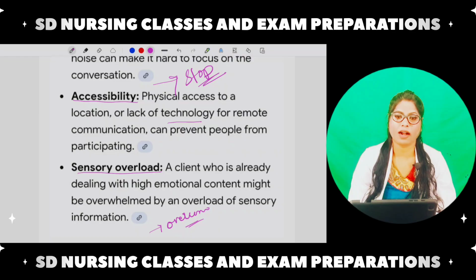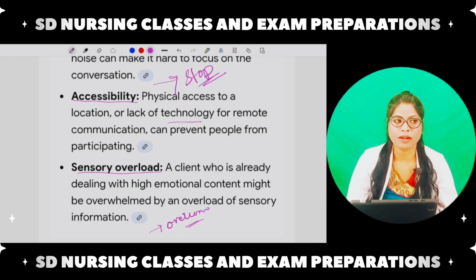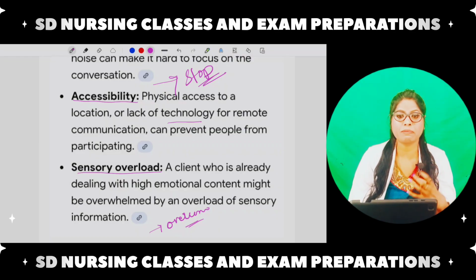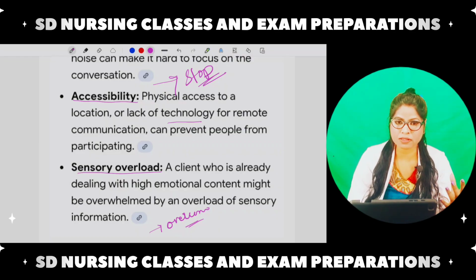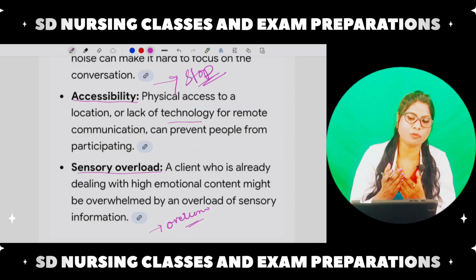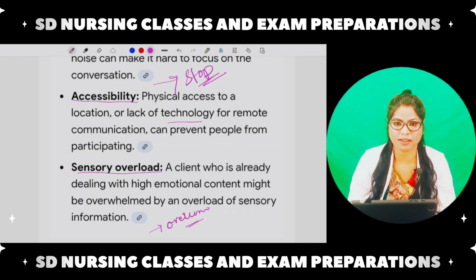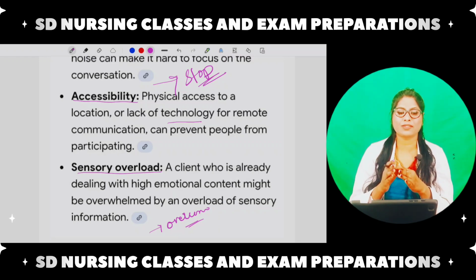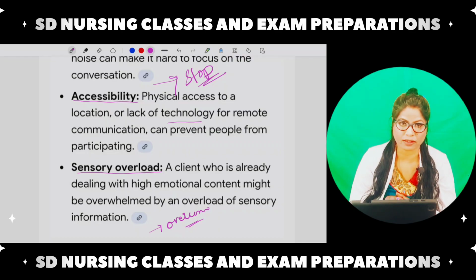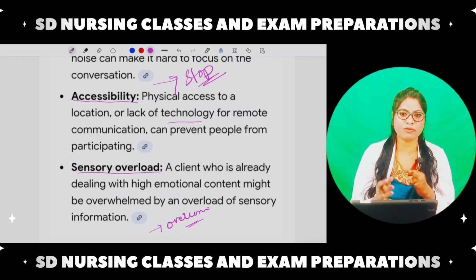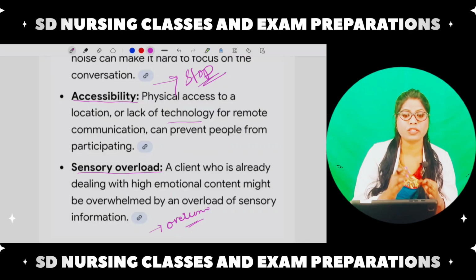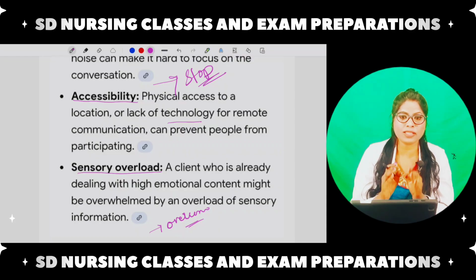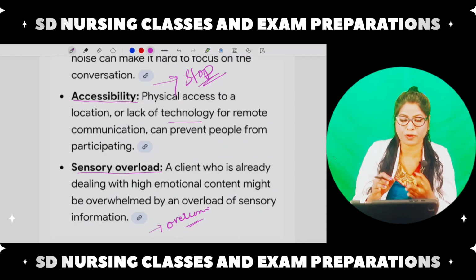Like if I want to meet somebody, I tell him to come to a particular place where we will meet. The person I want to meet doesn't know the place. He keeps searching and searching, but in the end he doesn't find it. So in that case, what is the barrier? The location is the barrier. So whenever we are communicating, we should choose a correct location which will be easier for the receiver and for the sender. This will overcome the location barrier.